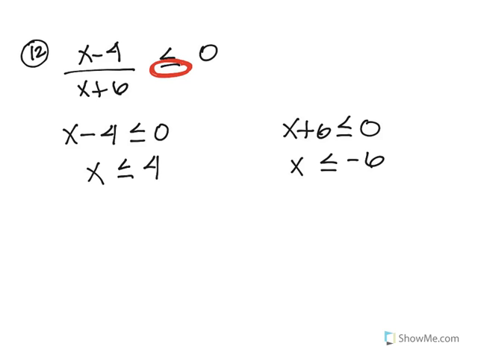Meaning, I can't let it be a number that's going to give me a 0. Now, the top is okay. 0 on top of any fraction is just 0. That ain't your issue. Your issue is the bottom. Do you see that you have x can be less than or equal to negative 6? That's not true, because you can't let x equal negative 6.